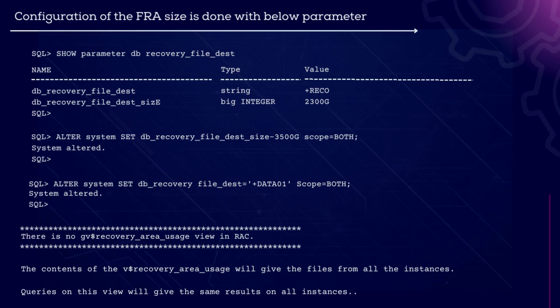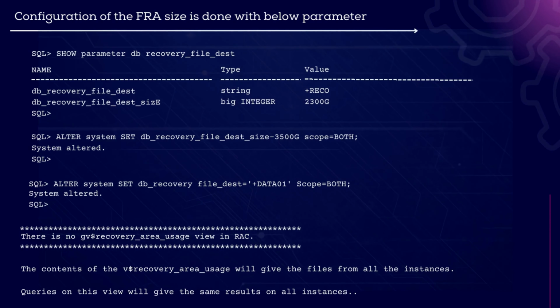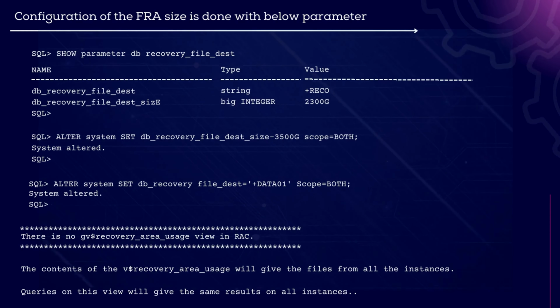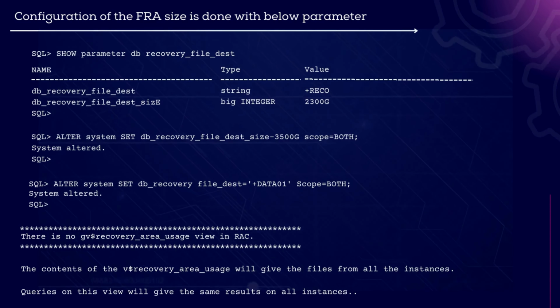But in case we don't have the space on the FRA location, the RECO disk group, we can explore the option of another disk group if we have sufficient space there. In this example, I have just documented DATA01, the other disk group that belongs to the data files. If the situation is tough and we don't have space on RECO, at that time we need to change the destination of the FRA just to make the database available.